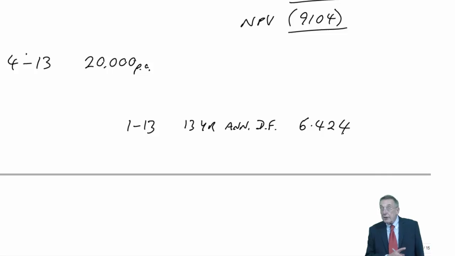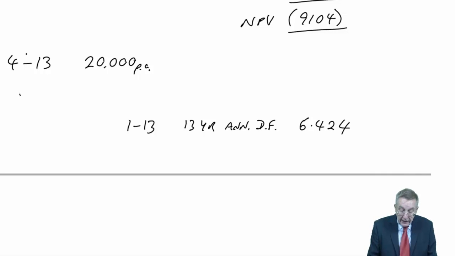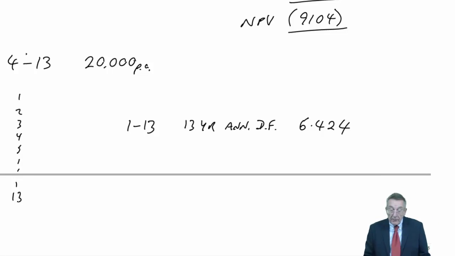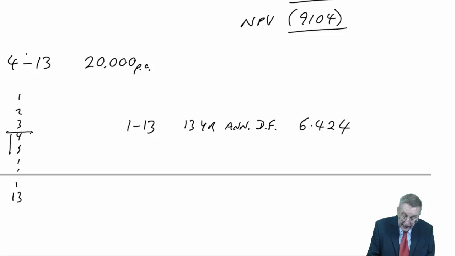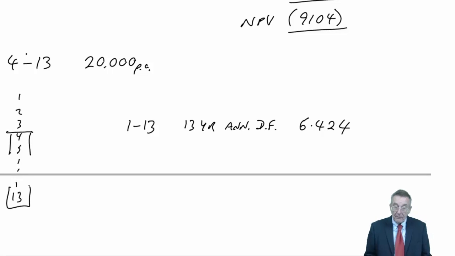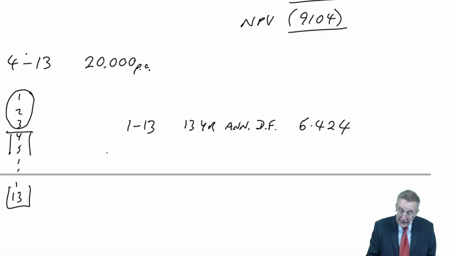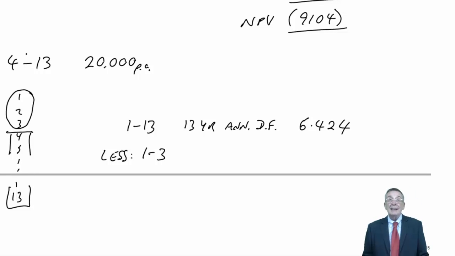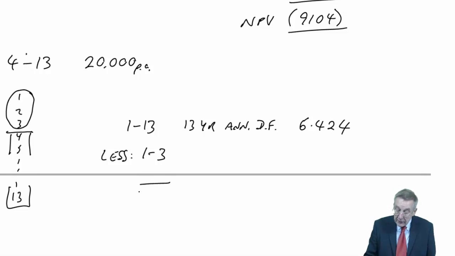Now that's the total of all the factors from 1 to 13. 1, 2, 3, 4, 5, 6, up to 13. I only want the total from 4 to 13. And so to get the total from 4 to 13, we subtract the total for 1 to 3. If I subtract 1 to 3, I'll be left with what I want, the total for 4 to 13.